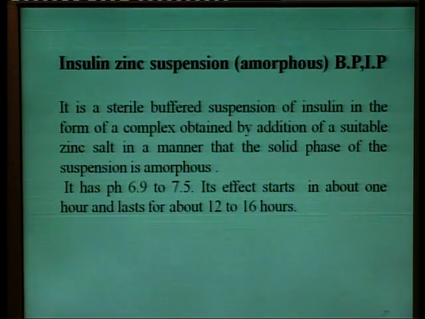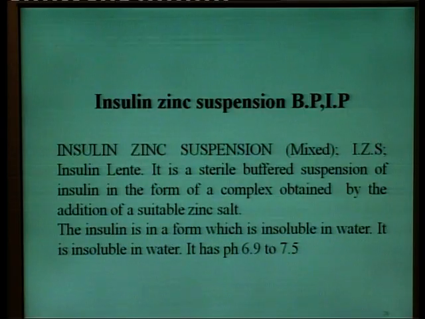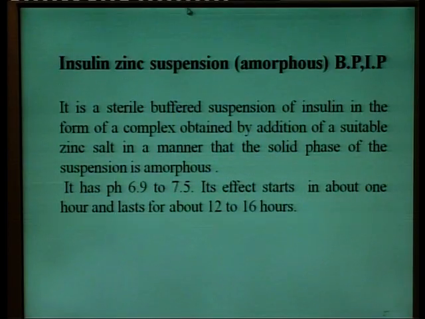In your previous slide, I said this is called IZS. This is insulin zinc suspension. This is also called IZS, but amorphous. Onset is 1 hour and lasts for 12 to 16 hours.